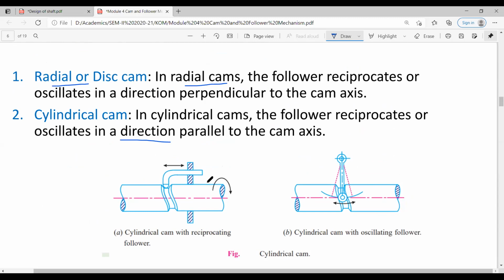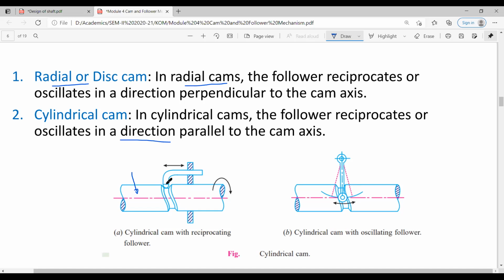Consider this example. This is the cam which is in cylindrical shape. What is done in this cylinder? A groove is cut, a recess is provided in this. Now in this recess, the follower is in contact with the cam.